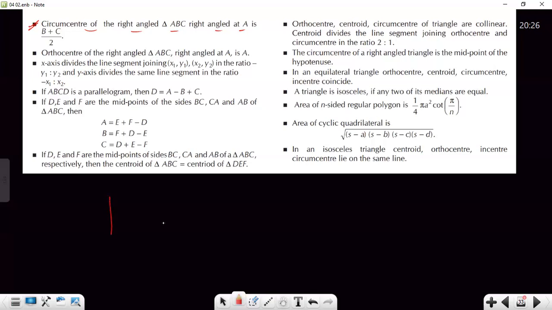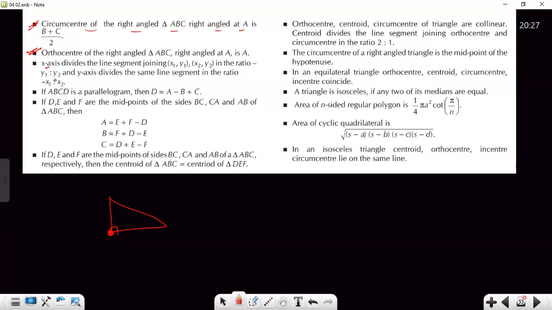So for any right angle triangle, its orthocenter will exist on the right angle vertex as well. X-axis divides the line segment x1, y1, x2, y2 in the ratio minus y1 is to y2, and y-axis divides the line segment in the ratio of minus of x1 is to x2.